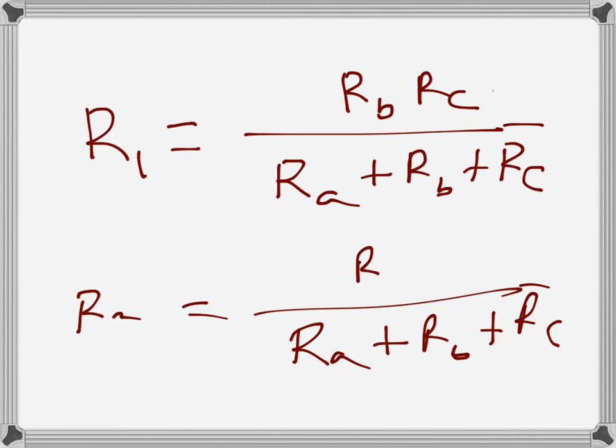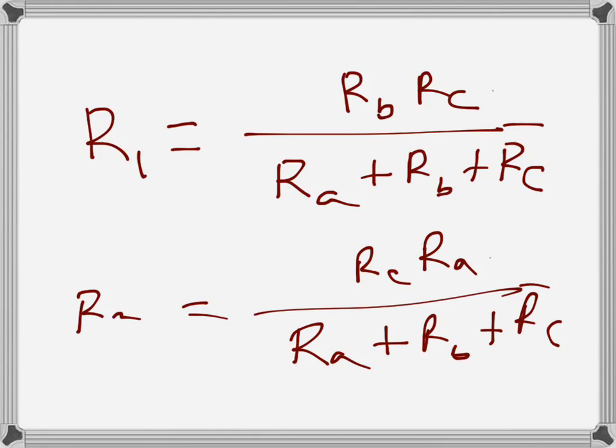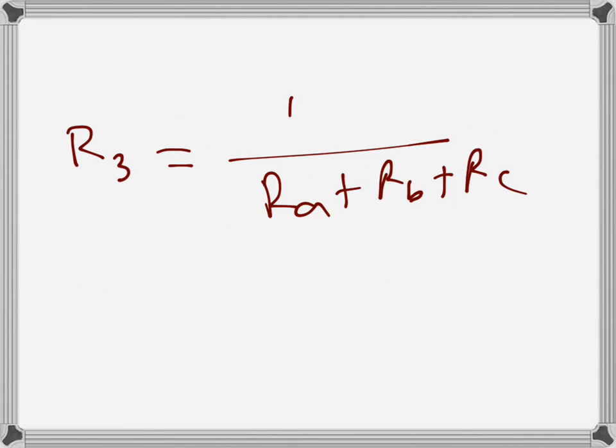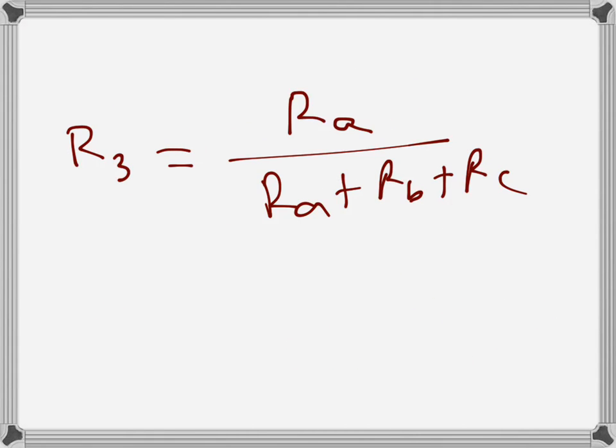So we will have RC and RA multiplied. Similarly, R3 will be RA plus RB plus RC in the denominator, and in the numerator, since this is the node where R3 is connected, RB and RA are connected to this node when it was in delta. So RA times RB. So this is delta to Y conversion.